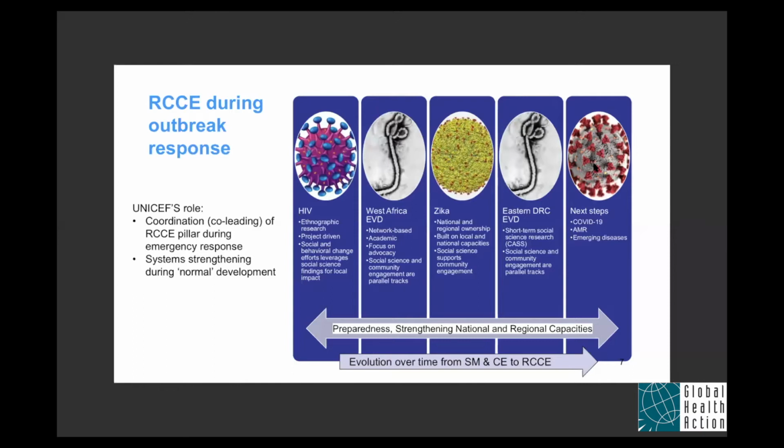And I think most of the colleagues on the call who are aware of humanitarian action and outbreak response have heard of these cluster mechanisms that are set up during outbreak response. The risk communication community engagement pillar has evolved particularly over time from 2014 to 2015 to play a more central role, which has leveraged further commitments from donors to strengthen these mechanisms around risk communication and community engagement, realizing that social and behavior change is at the heart of everything that we do.